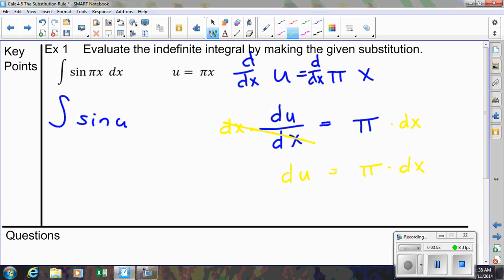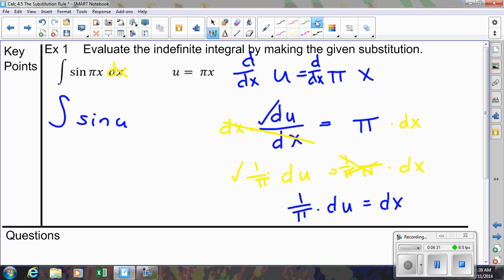But in our original problem, we did not have pi times dx, we had just dx. So we can multiply by 1 over pi, canceling it out, which gives us 1 over pi du is equal to dx. You see, we're doing implicit differentiation with the blue, and then with the yellow, we were doing some work based on differentials.